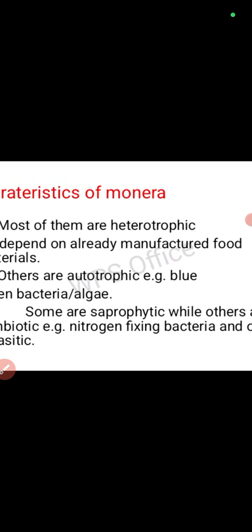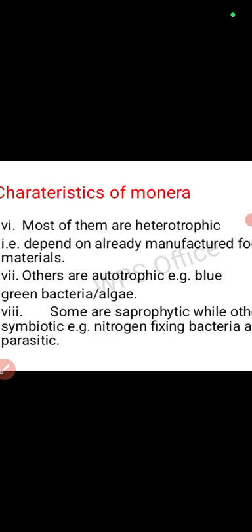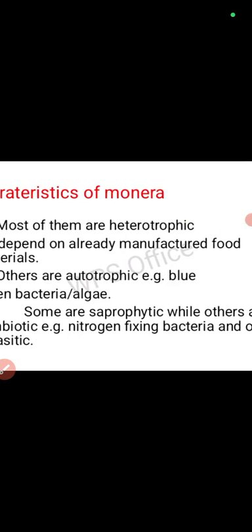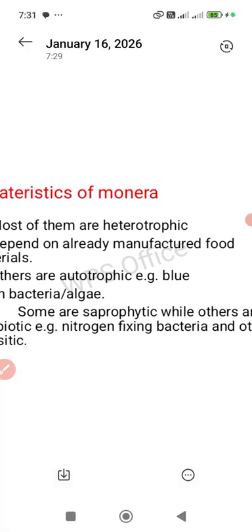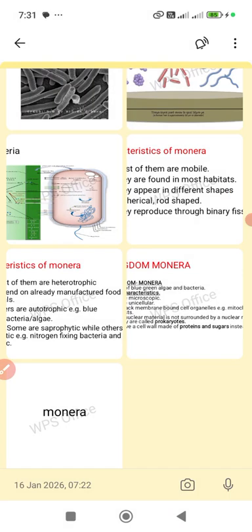Saprophytic means saprophytes, which feed on dead decaying matter, those are dead plants and animals. Symbiotic means they can fix or convert free atmospheric nitrogen to a form available to plants, that is nitrates.